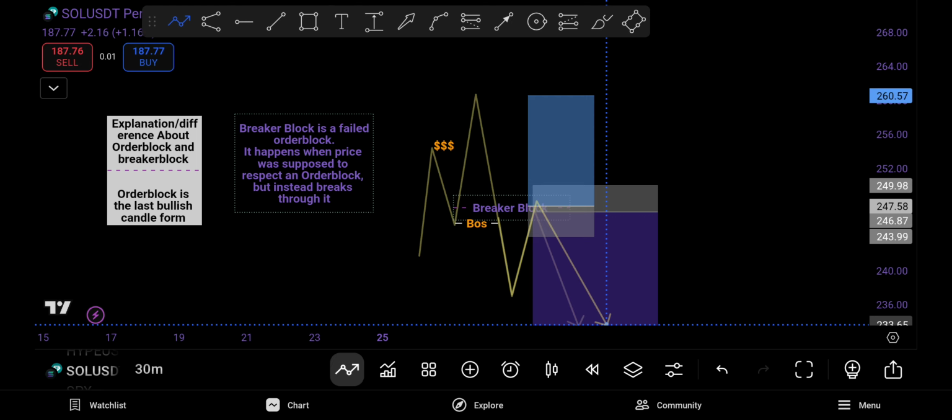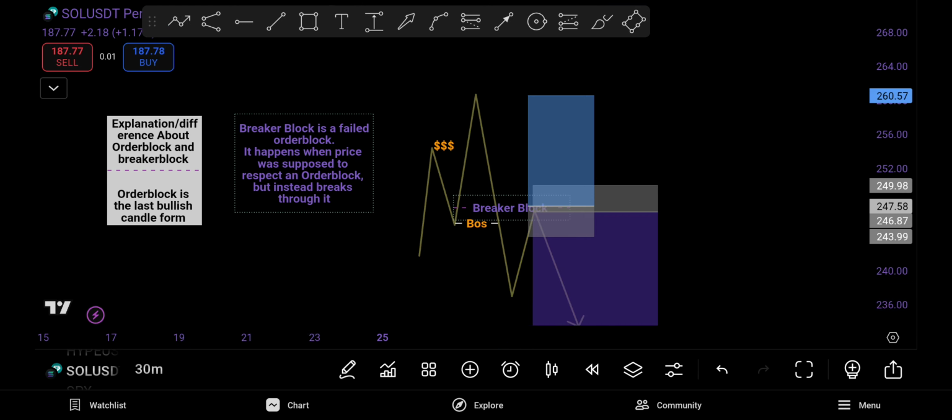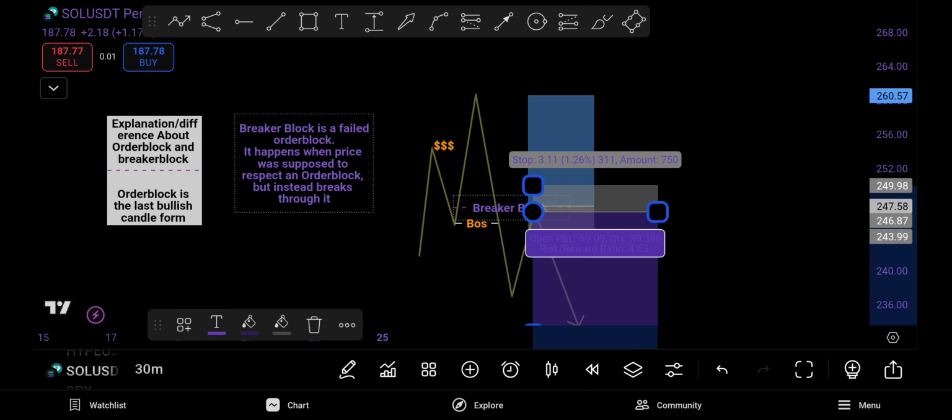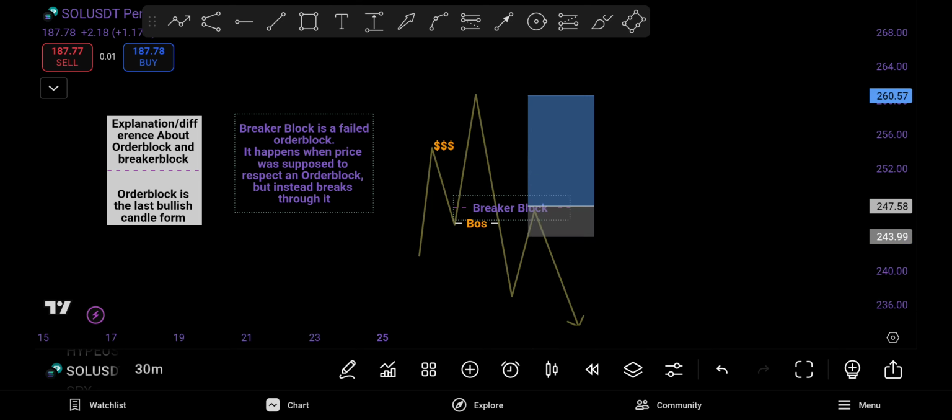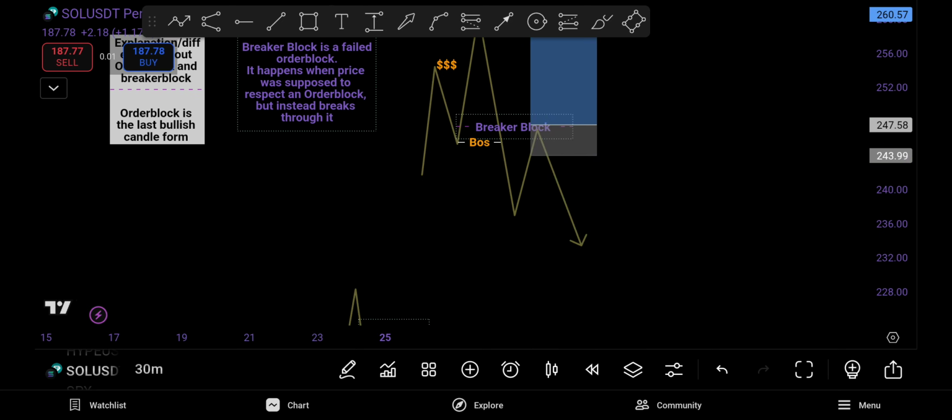So now let me explain how it works in the market. For me, I think a breaker block is more of a trap. Yes, a breaker block is more of a trap, because institutions push price the opposite way to collect liquidity in the market, then reverse the market.